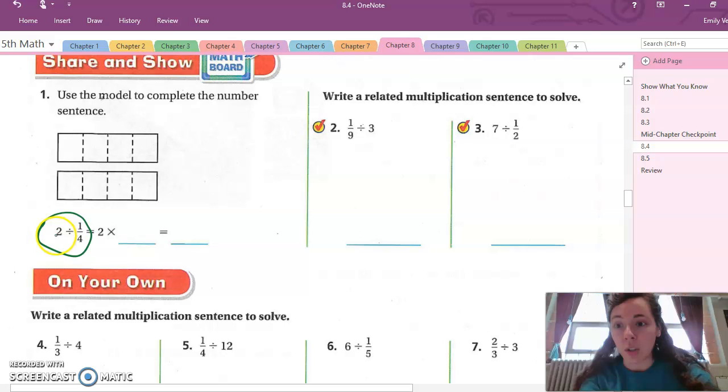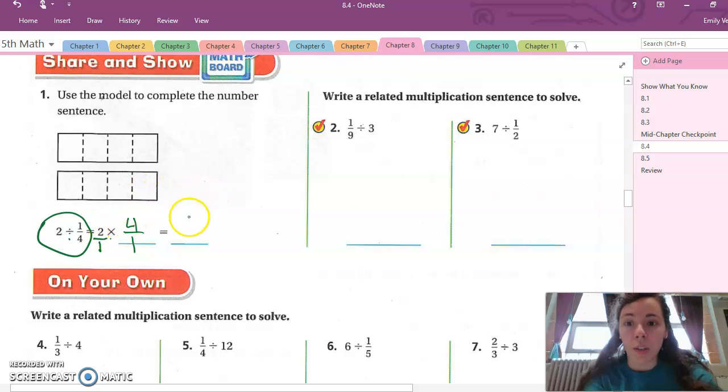So in this case, we've got 2 divided by 1/4, and we know to put that whole number over 1, and then leave it. They already changed it for us. Flip it. So the only thing we're missing is this back number here. 1/4, if we flip it upside down, becomes 4 over 1. Then we just multiply and simplify.